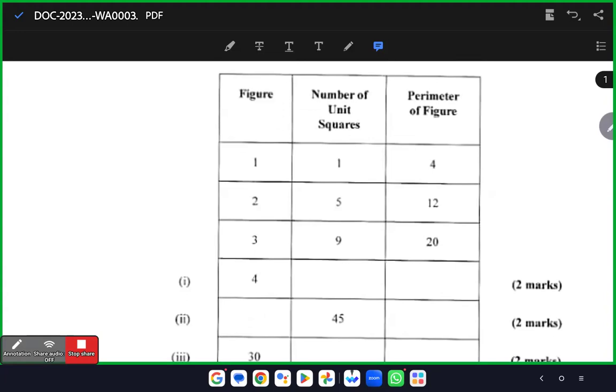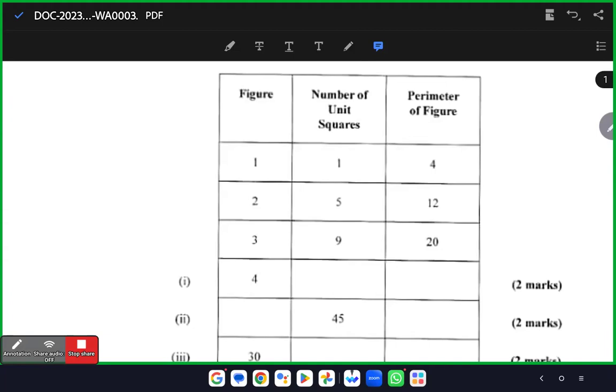Those are the first 4 figures. Now, normally to get the number of unit squares for the 4th figure and also the perimeter for the 4th figure, it is not very difficult. But if we were to say find the number of squares or the perimeter for the 100th figure, it would have proven to be a challenge.